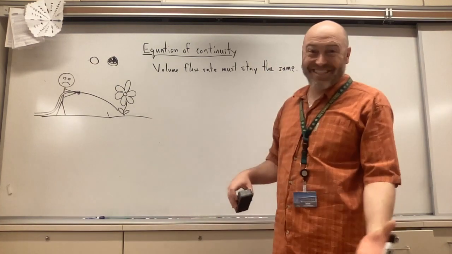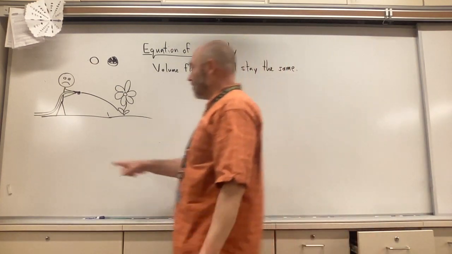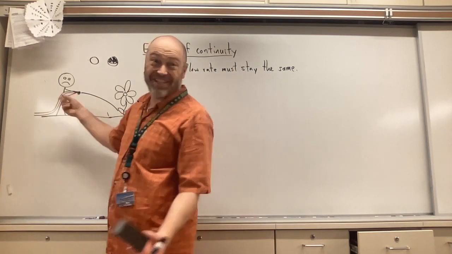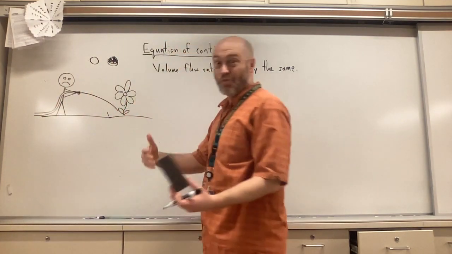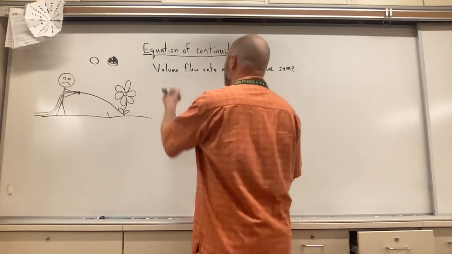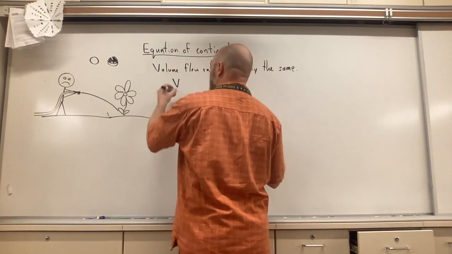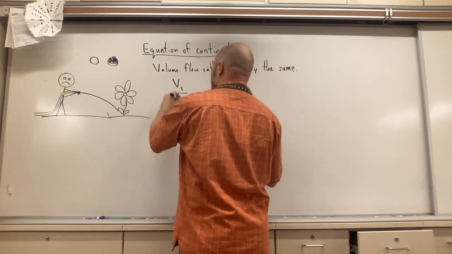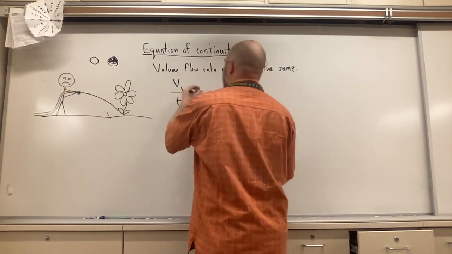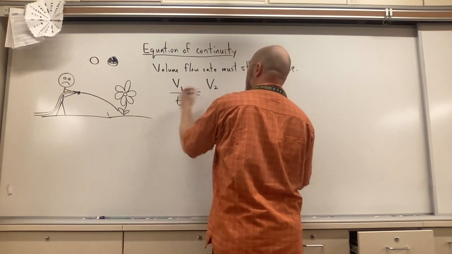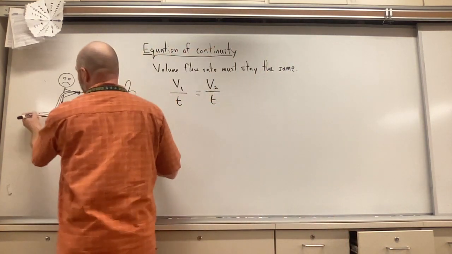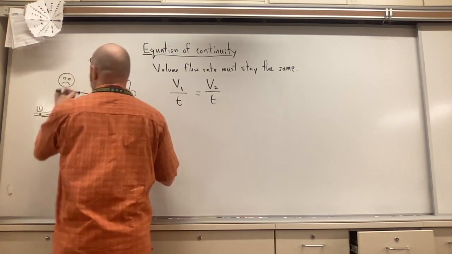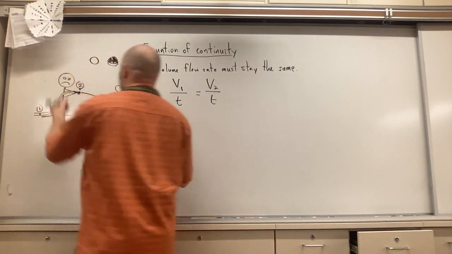Why? Because if it didn't, how can you have more water here than you do there? You can't. Whatever water is there has to come out there, unless there's some weird leak in your hose. So this is really saying the volume at spot 1 per time has to be equal to the volume per time at spot 2. So if I call this spot 1 and this spot 2, that's what it is saying.